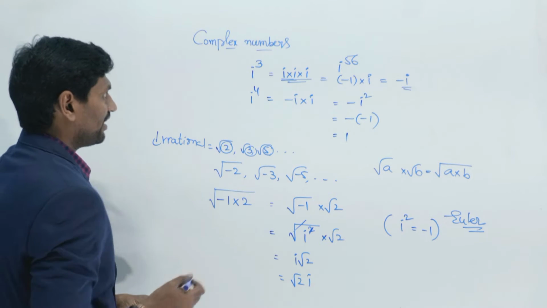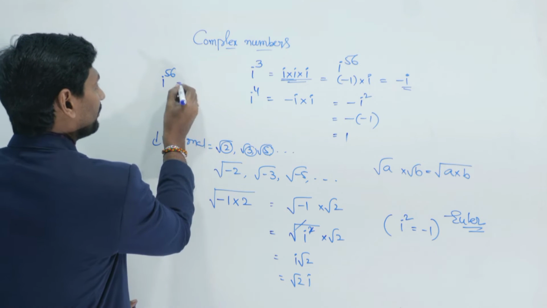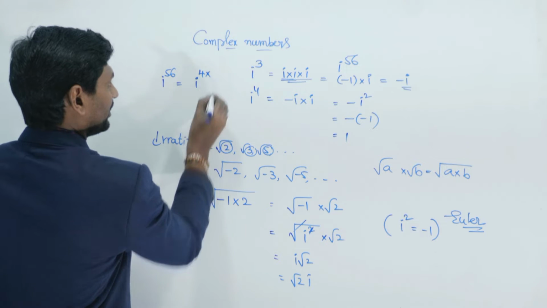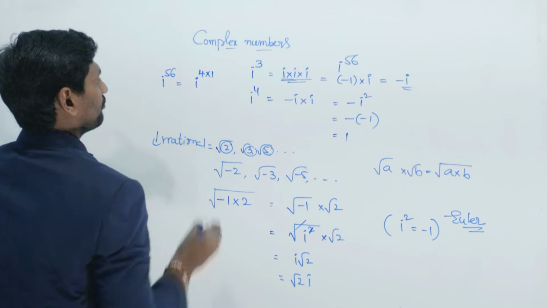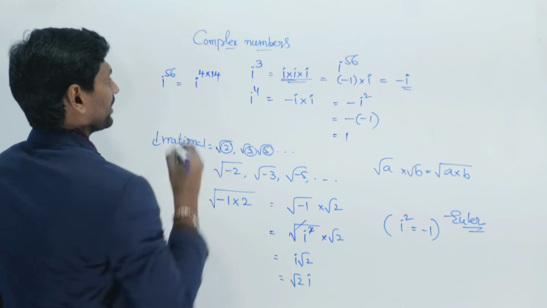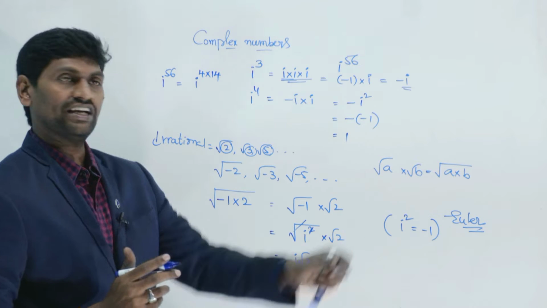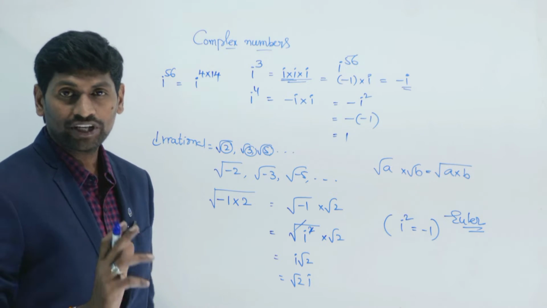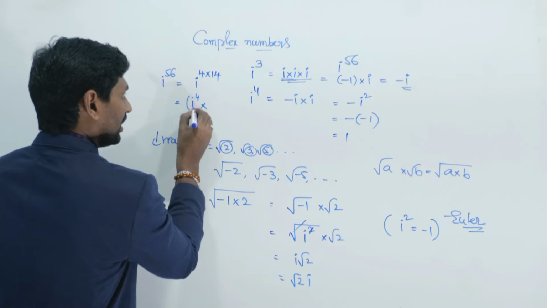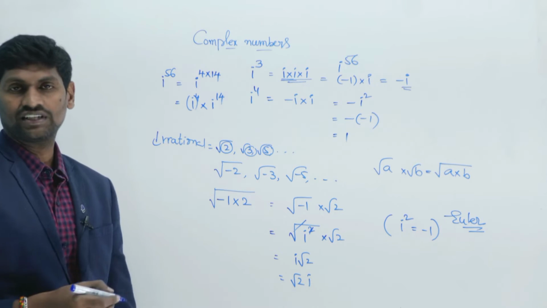In such a way, how can we write i power 56? We can write i power 56 as i power 4 into 14, nothing but i power 4 into n. So can we write it as i power 4 into i power 14?